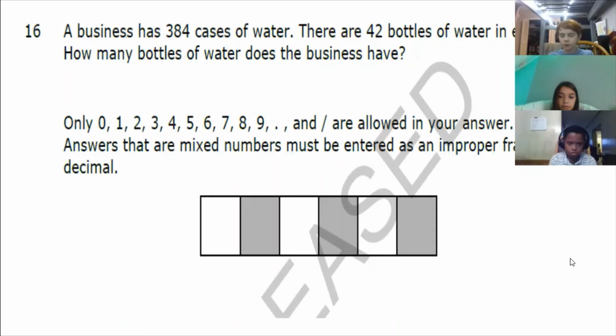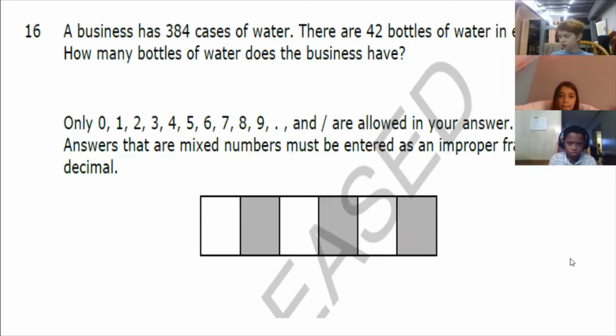You could just memorize division facts and have that in your brain. Or you could keep adding 42 until you get 384 and see how many times that happened. And the other way was the way I did it, which was multiplication.